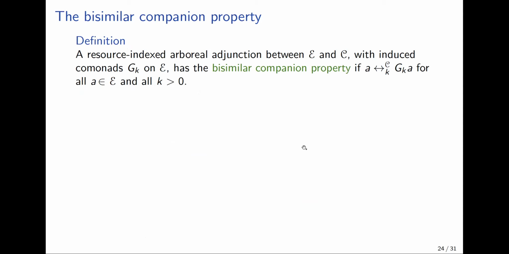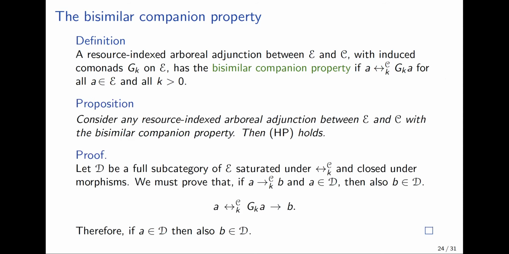And one such condition is the so-called bisimilar companion property, which says that for any object A and any positive integer K, A is K-bisimilar to G_K of A. Right? If you have this, then you get the HP property right away. And the proof is just 3 lines, and I can show it to you. So you start with the full subcategory D of E, and by assumption, this is saturated under K-bisimilarity and closed under morphisms.